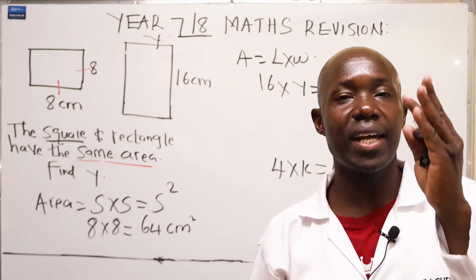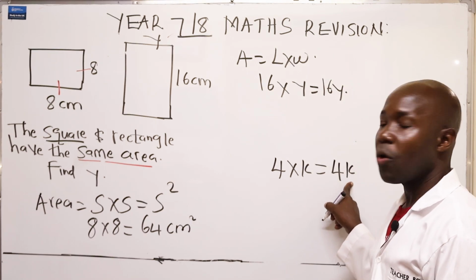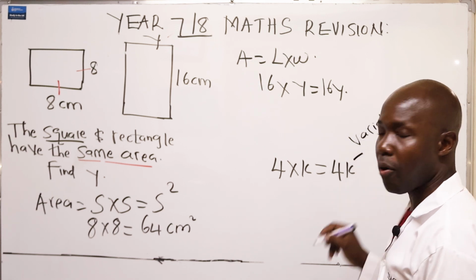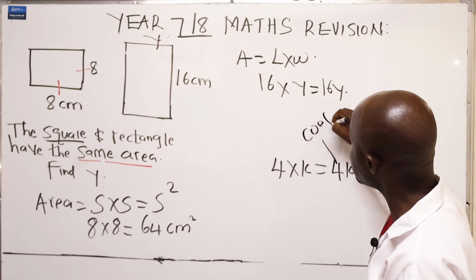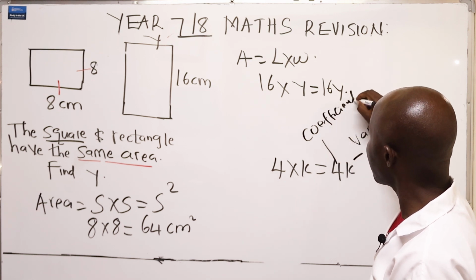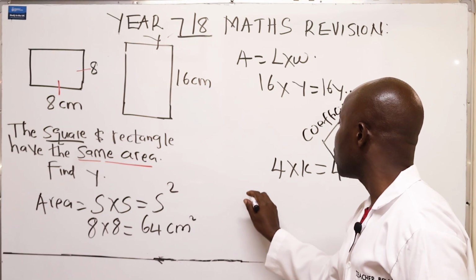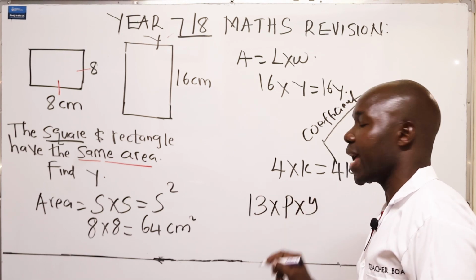A number times a letter will always be that number and that letter, where the letter is simply called in mathematics a variable. Then that number part, we call it the coefficient. That is just the naming. Next time somebody may ask you, what is 13 times p times y?